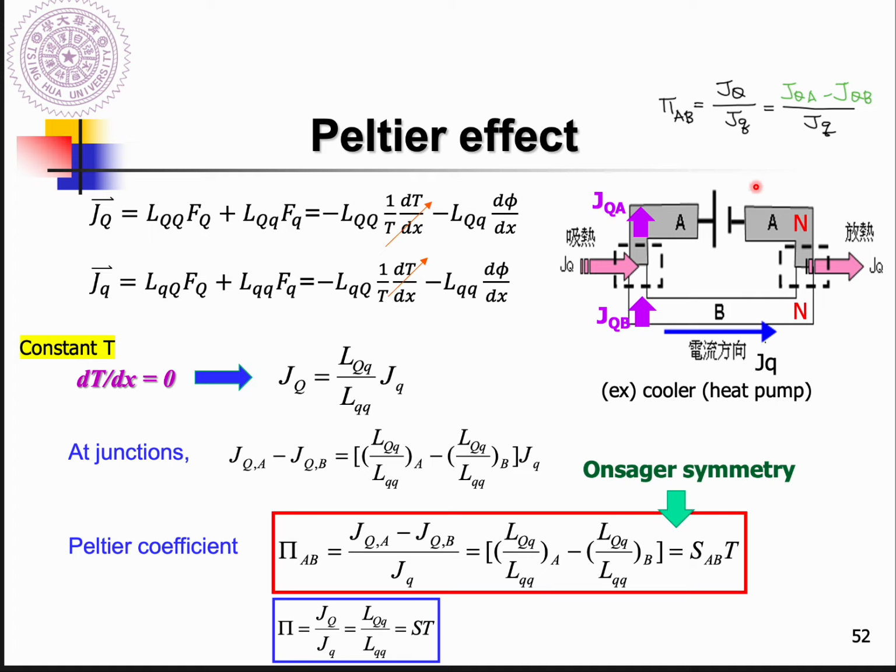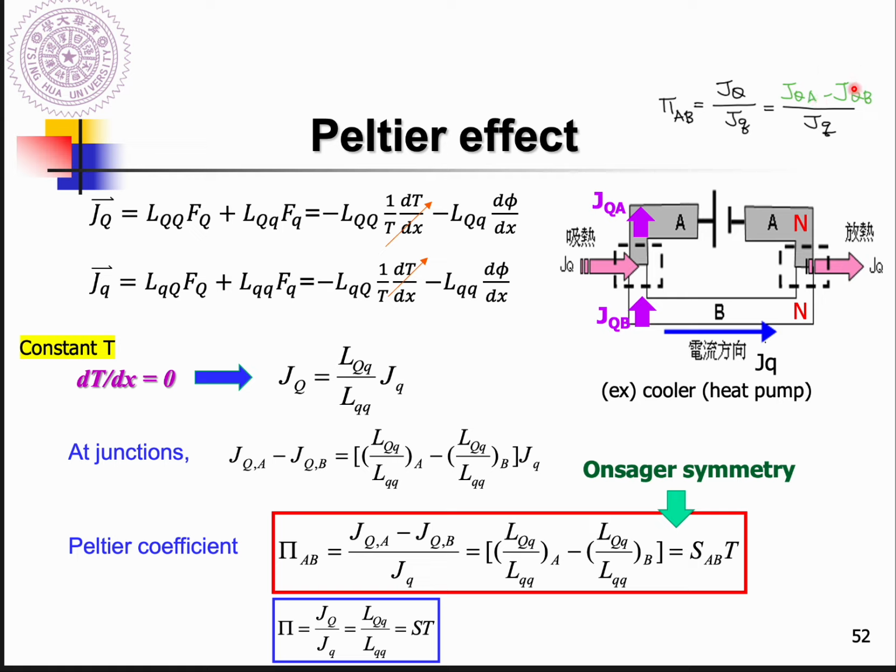It means that when I apply the same electrical current, I hope I can get the maximum value of JQ. But in this case, JQ equals JQA minus JQB.